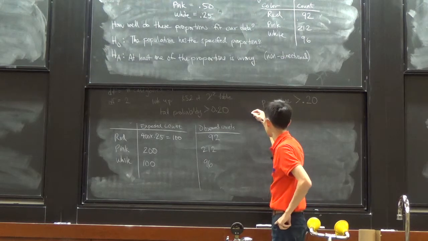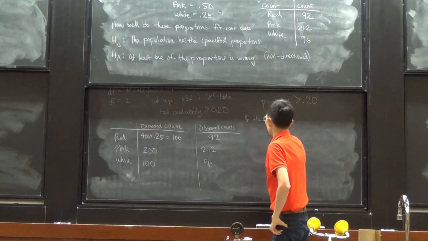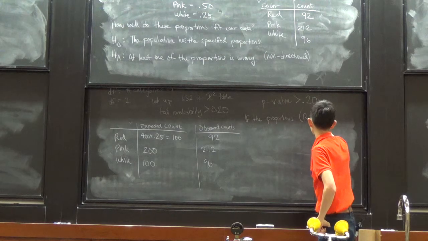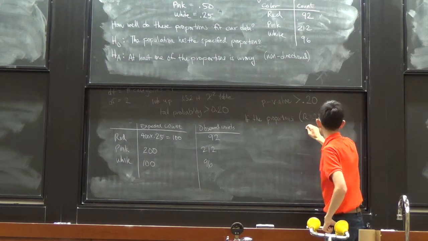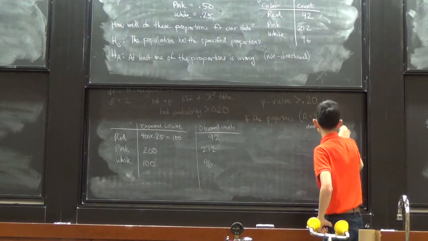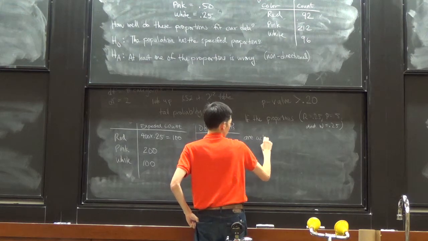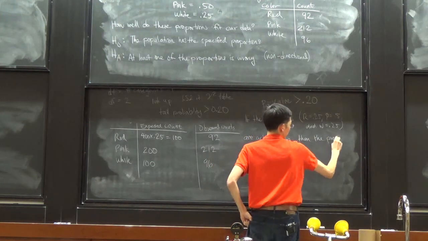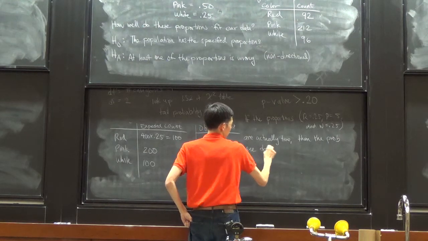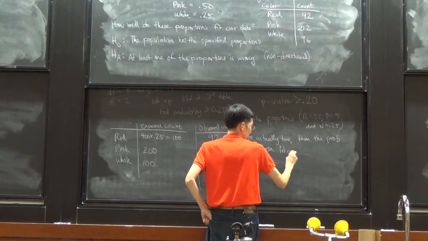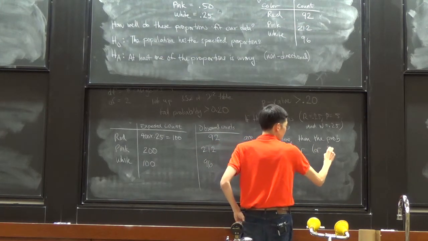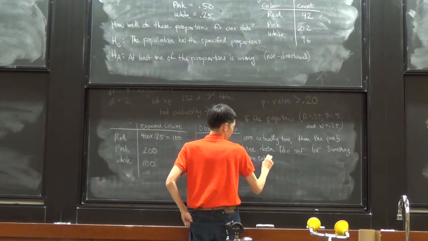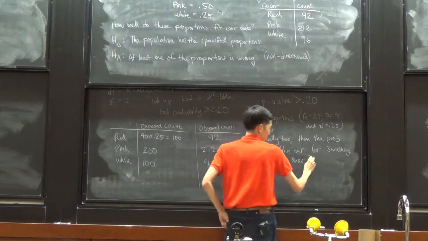Definition based on the p-value, so we would say if the proportions, that is, red is equal to 0.25, pink equal to 0.5, and white equal to 0.25, are actually true, then the probability I see data like ours, or something more extreme, is over 20%.